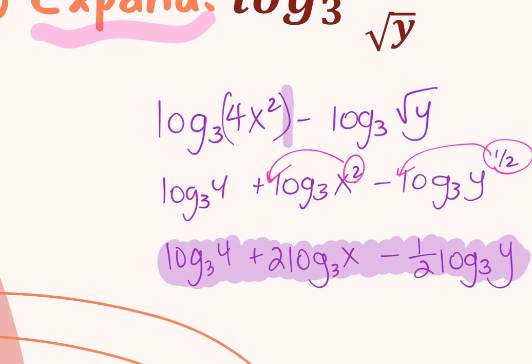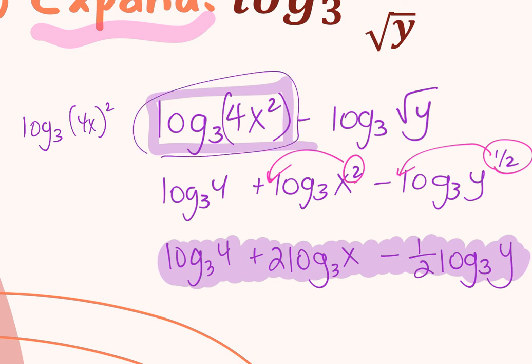How is this different from log base 3 of 4x squared? Good. The whole parentheses is squared. So where this results in this, right, only the x has the 2 on the front.